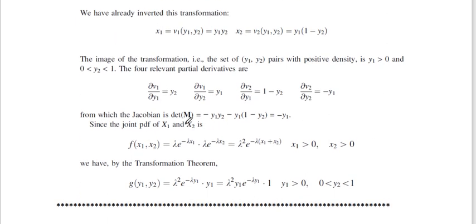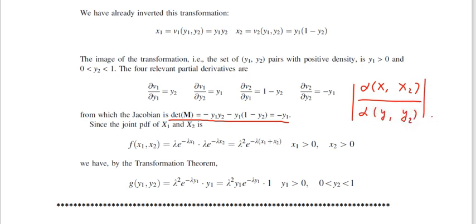Then don't forget, we still have this, which is the partial of x1, x2 with respect to y1, y2. We call this the determinant of A.